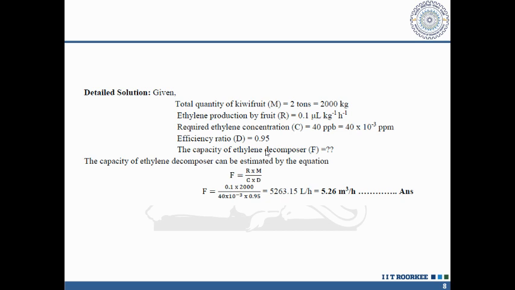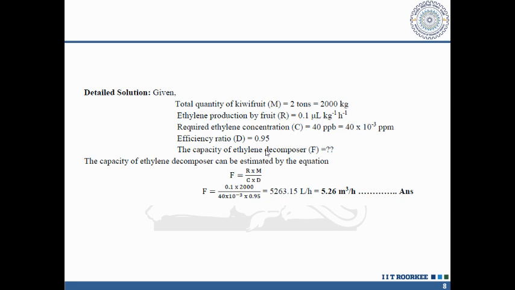So the capacity of the ethylene decomposer we can find by the equation: the ethylene production unit into the total quantity of kiwi fruit, upon the required ethylene concentration and the efficiency ratio. So we have R, that is 0.1.